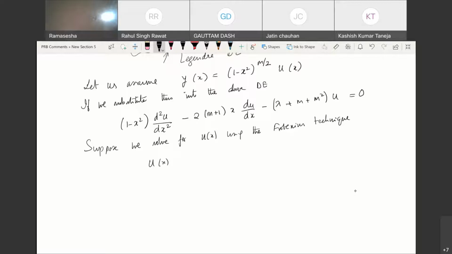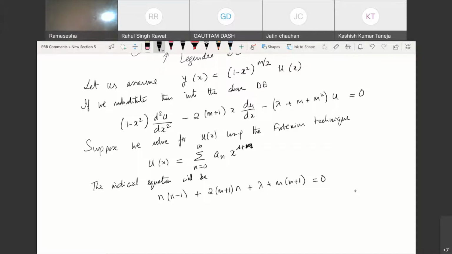Okay, s is the indicial exponent. Then the recurrence will be n into n minus 1, plus twice m plus 1 into n, substituting stuff, plus m into m plus 1 is equal to 0.